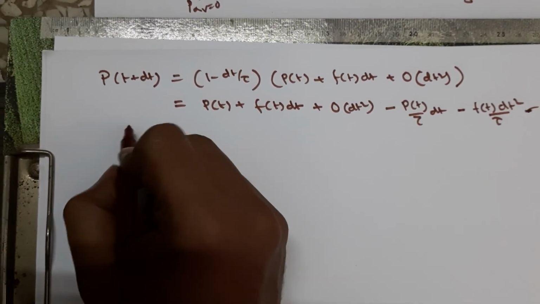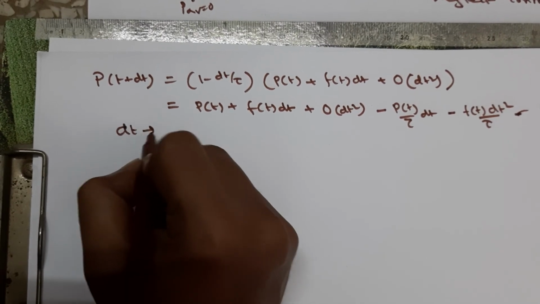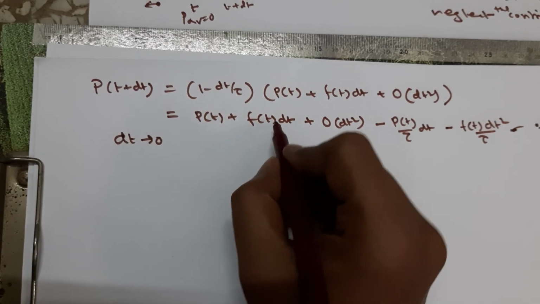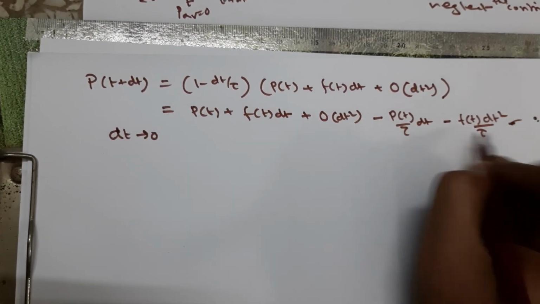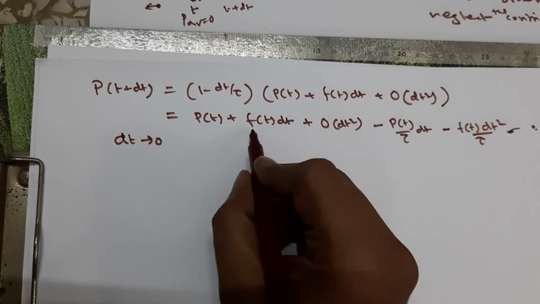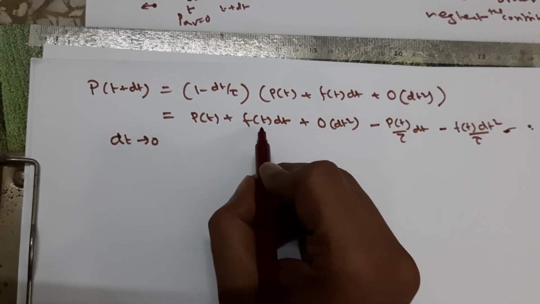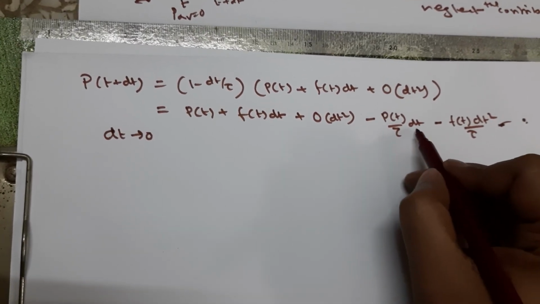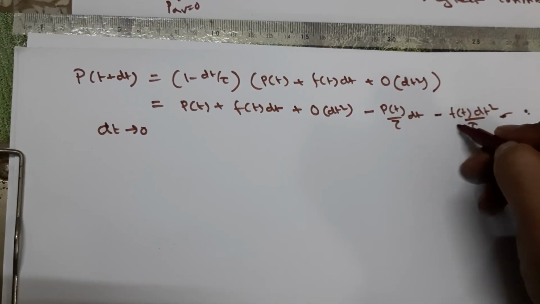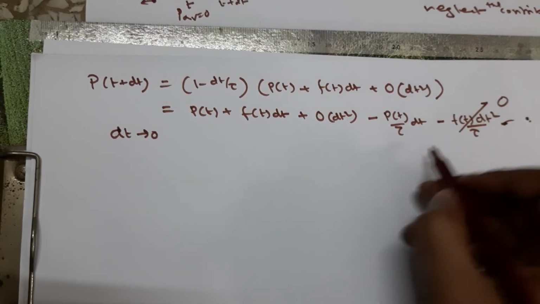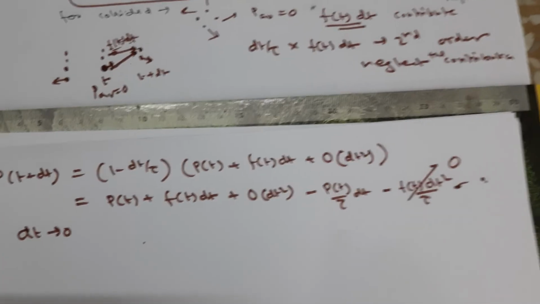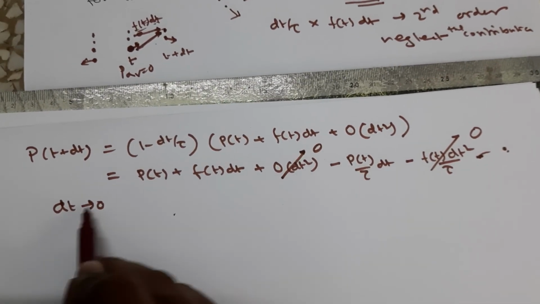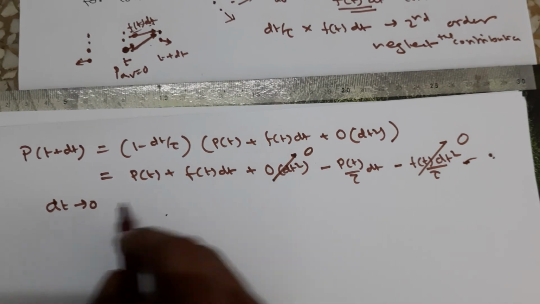Now if we take the limit of dt tends to 0 and divide everything by dt, these terms will go to 0, and this term is also going to 0, because it is a second order term.